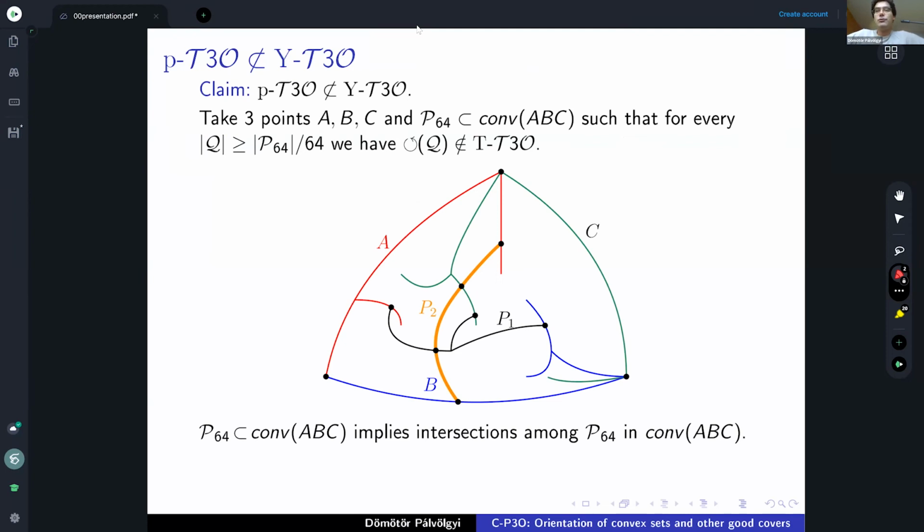So if you assume that this ABC and P alpha has a realization as a YT3O, then it will be something like this. You have this A, B, C, all of them are Y shapes. And then inside you have some other Y shapes, and all the intersections that are important are inside this ABC. Like P1 and P2 intersect inside.